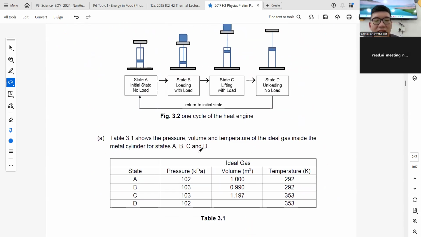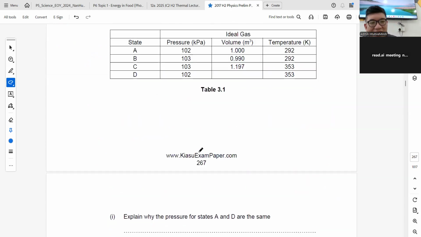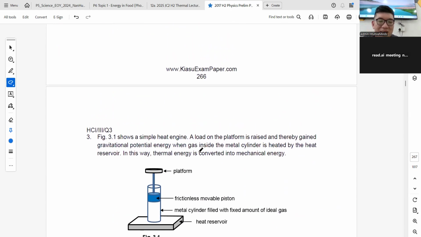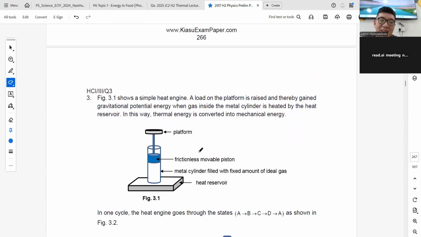Okay, this question may look intimidating, but it may not be lah. This is a simple heat engine. You can use this to heat up a place. Or the most modern application would be a car combustion engine lah.